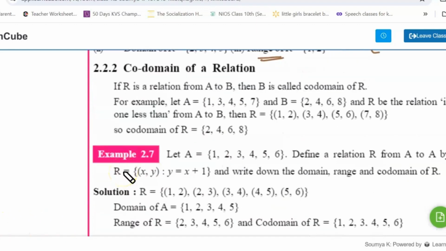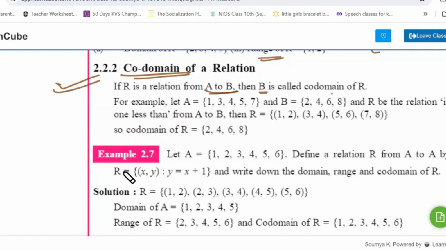Next topic is the codomain of a relation. The codomain of a relation can be explained as all the outputs that can come as a result of the relation; that we call the codomain. For example, if a relation is from set A to set B, then B is known as the codomain with all the possible values.